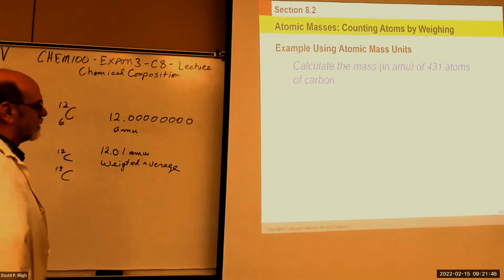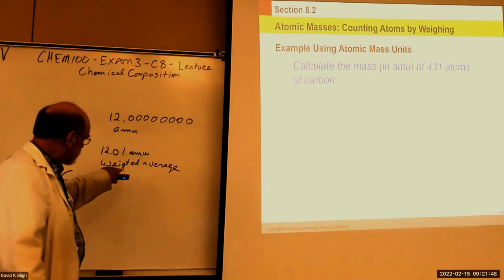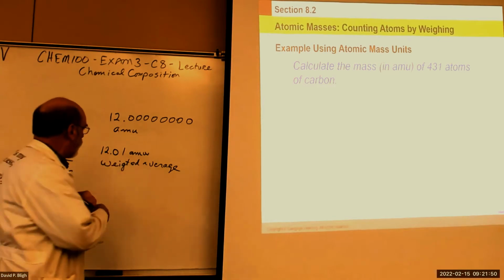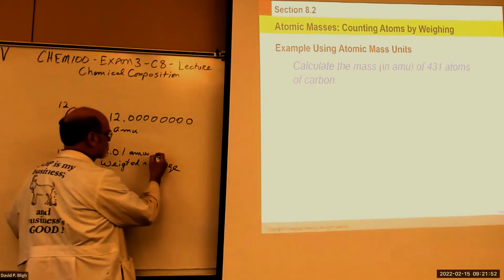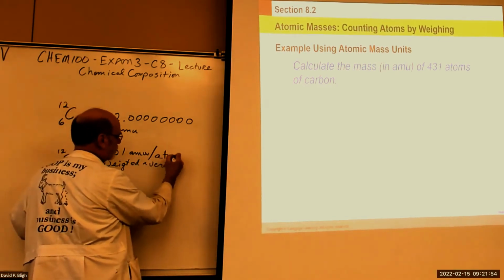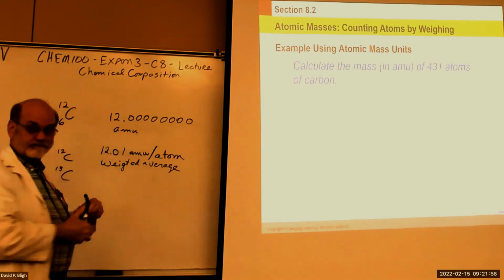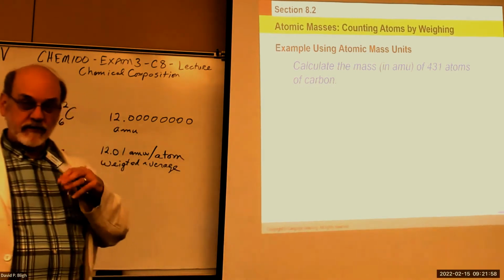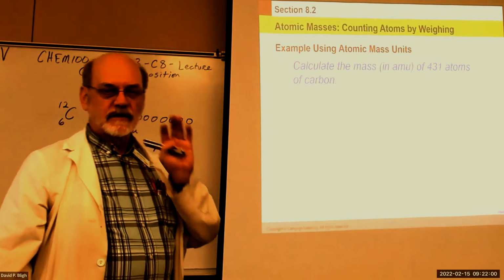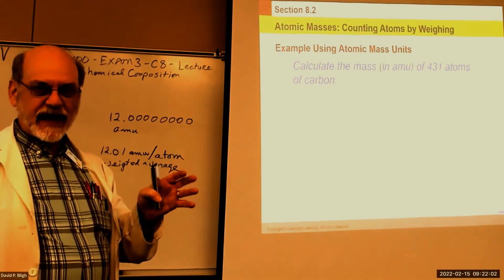Okay, so here's an example. If this is our weighted average, 12.01 atomic mass units per atom. Okay, that's our average, weighted average mass for an atom.